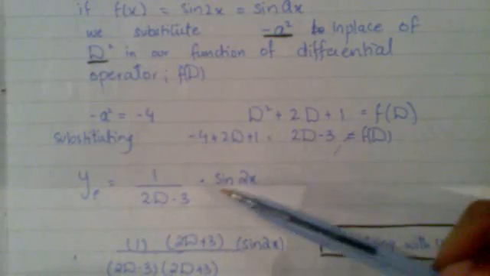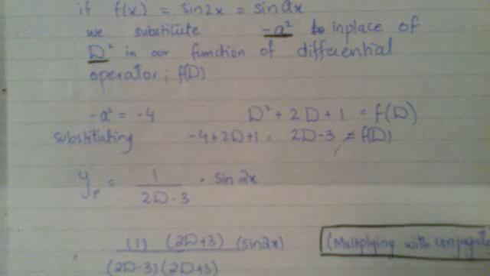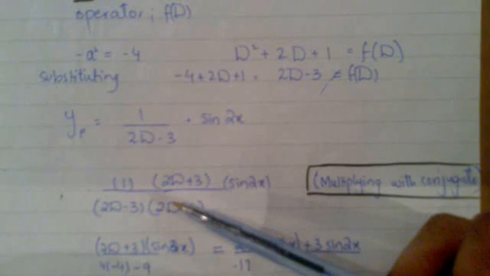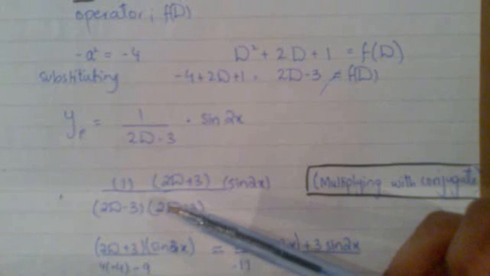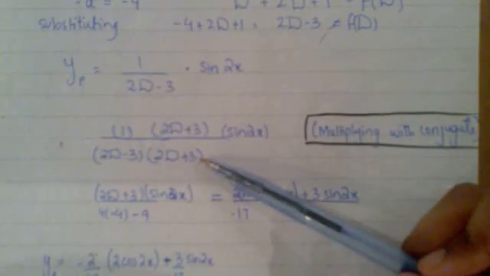In this very case, after coming here, we will introduce the conjugate of this term. The conjugate of this term will be multiplied by this whole yp. After this, the identity applies, that's (a minus b) into (a plus b), and then we again get our term in D square, because this will become 4D square.